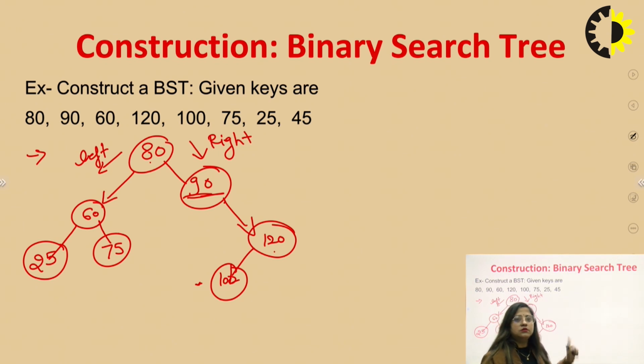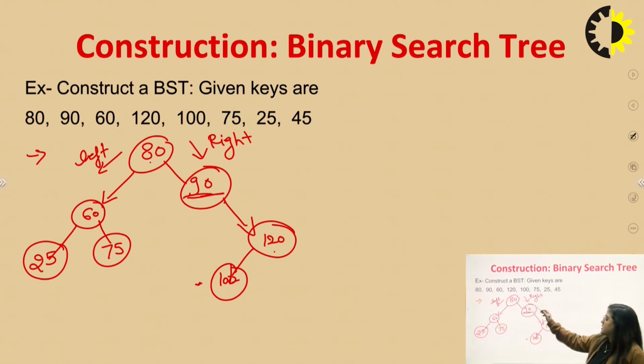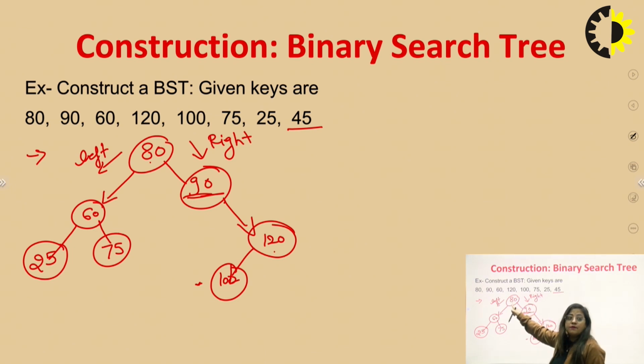At last the node is 45. So where will 45 come? It follows the same process. First apply the root node, then move left or right according to the two conditions which I previously explained to you. So 45 is checked with 80.